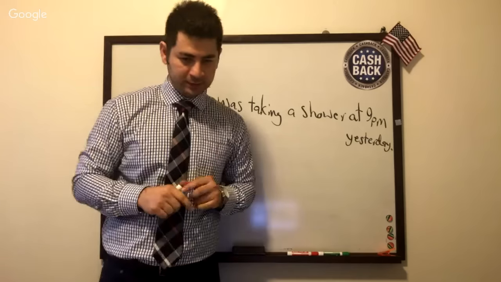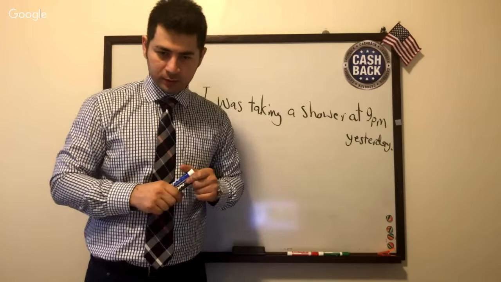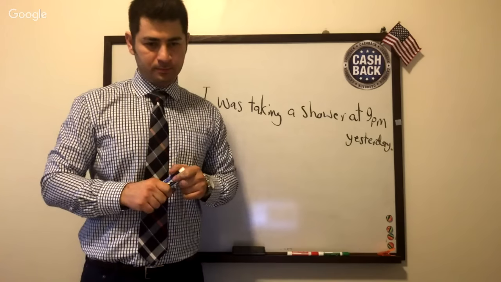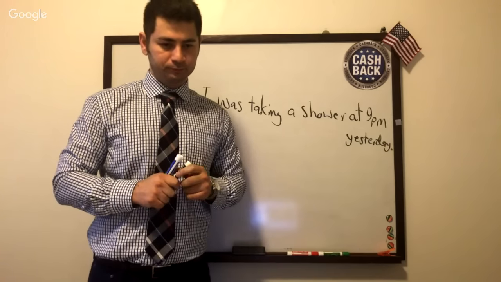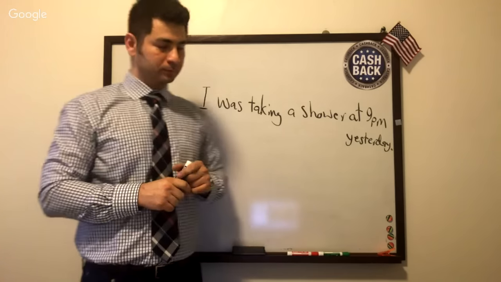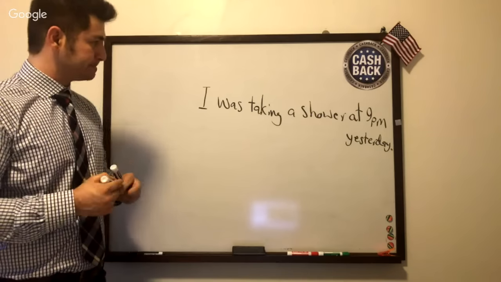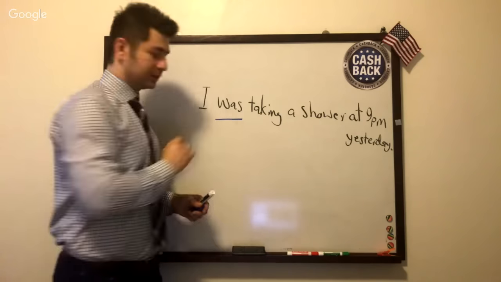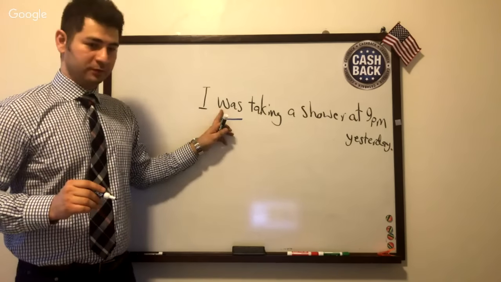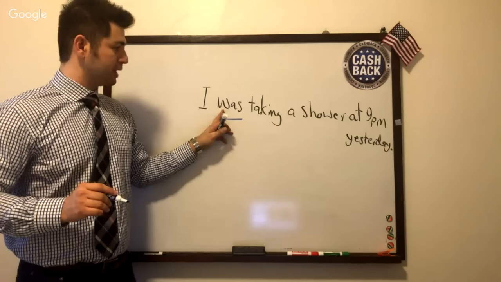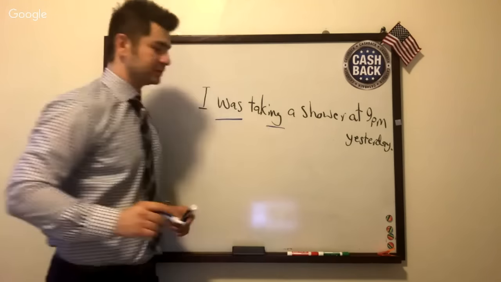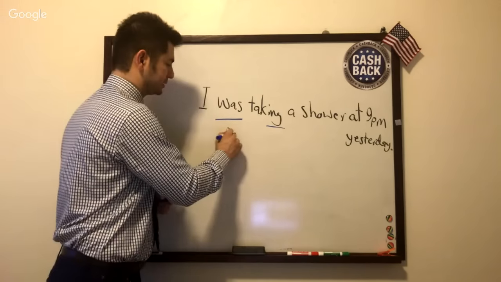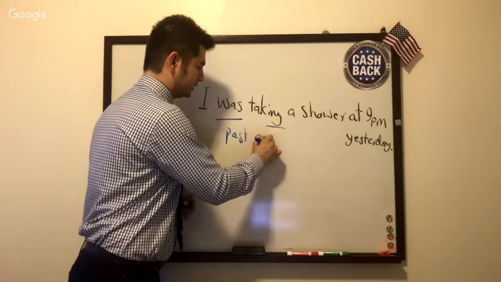Go ahead and write it. This one is the verb, the past of to be, and it's continuous because we see the ing form, we see the gerund. Past continuous.